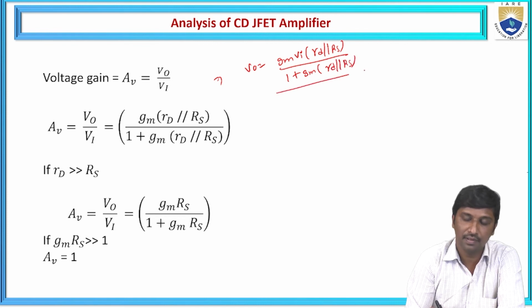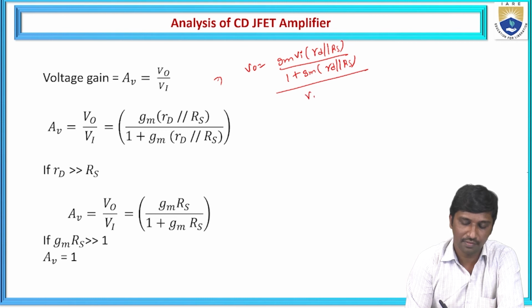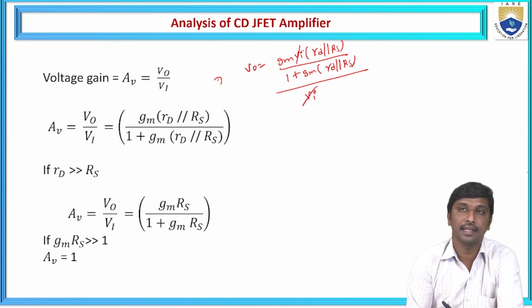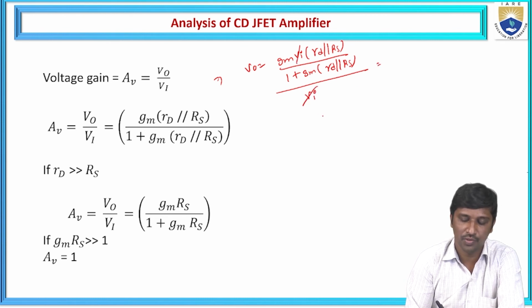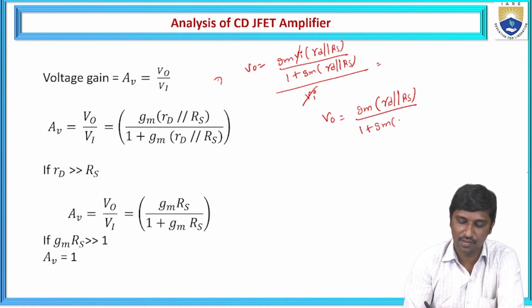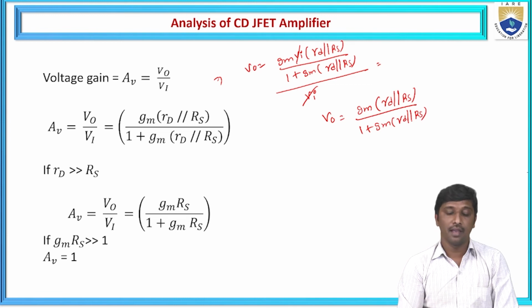Then it is divided by the input voltage Vi, hence this Vi gets cancelled. Hence we observe V naught by Vi is equal to Gm times Rd parallel Rs by 1 plus Gm times Rd parallel Rs.